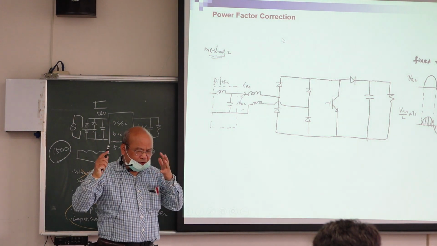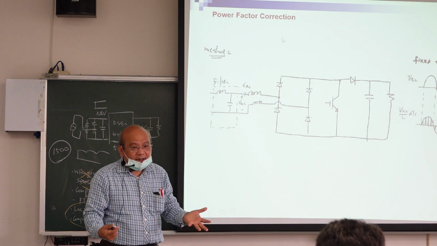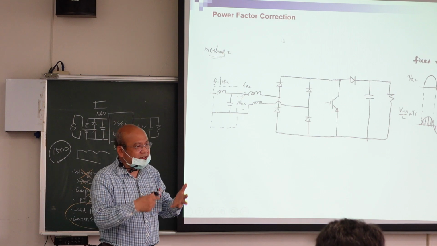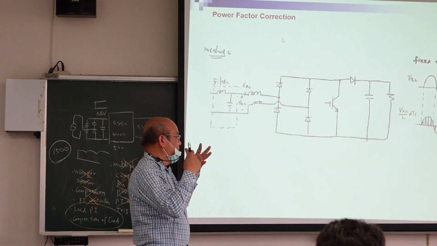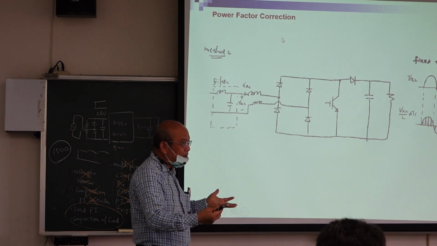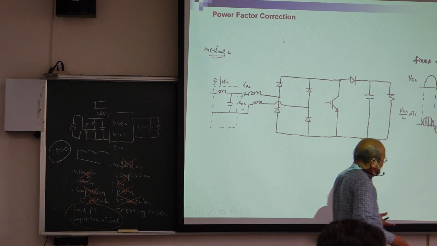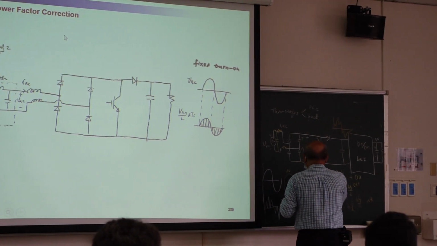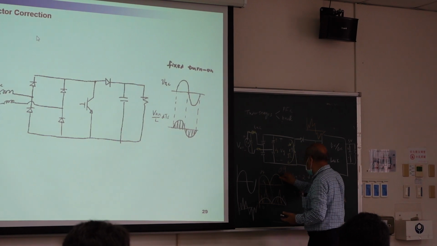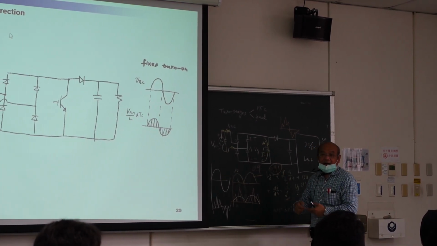So the performance is worse, but if it can pass, then it is okay, right? So what is your purpose of PFC? I only need to pass the regulation. That's all, right? If I can pass the regulation, say your PFC must be at least 0.9, but now I reach 0.91, then I'm fine.